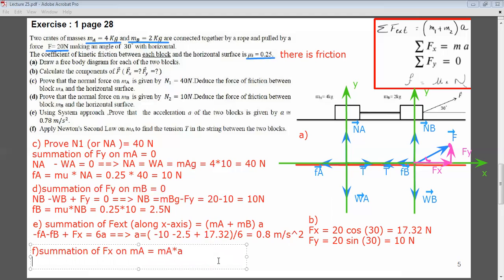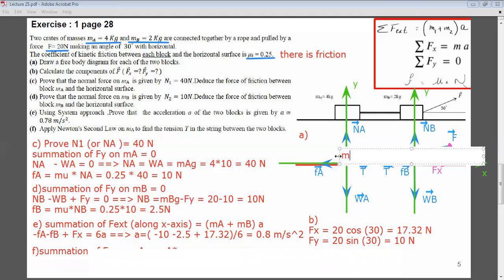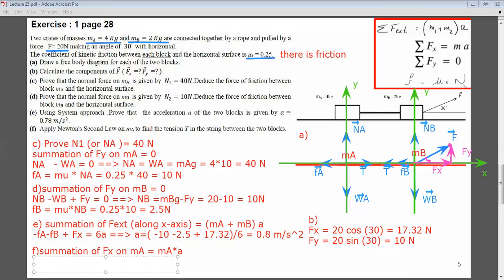Okay, what are the forces on MA? This is MA, and this is MB. What are the forces along the x-axis for MA? There is tension and friction.